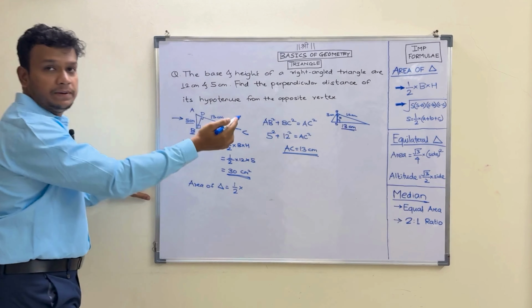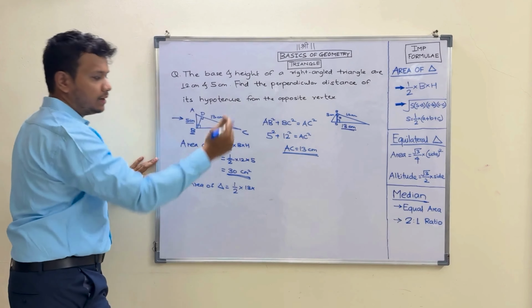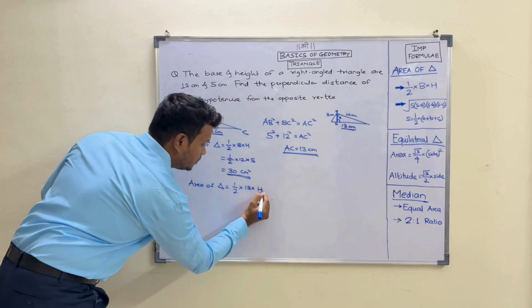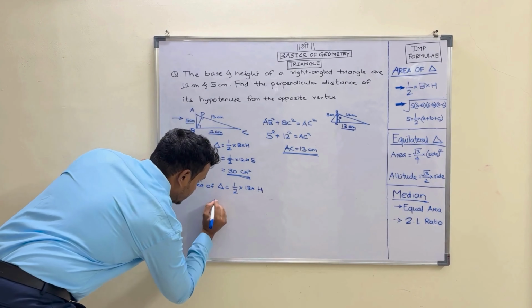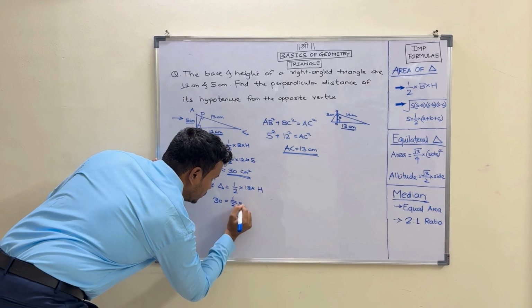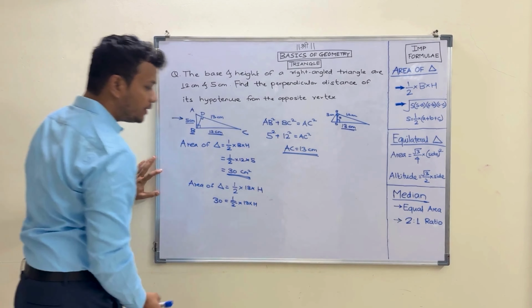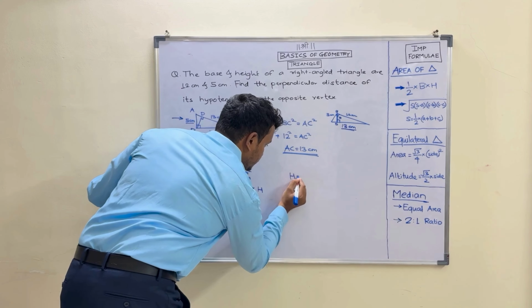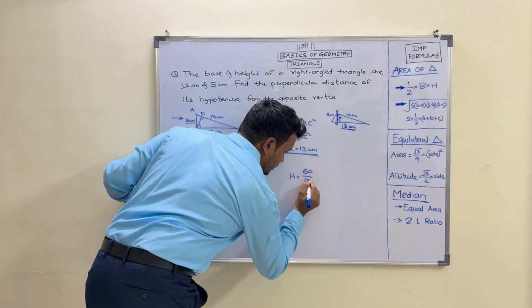In this case my base value is 13 centimeters, 13 into my height. We know the area we computed in the previous equation, so I can put it here: 30 equals 1 by 2 into 13 into h, correct? I can compute h from this. What will be the value of h? h will be 60 by 13 centimeters.